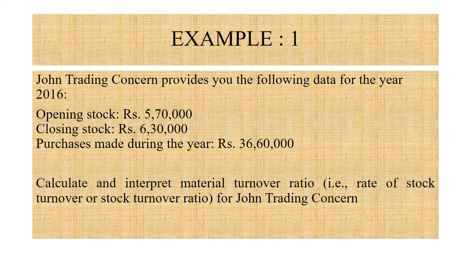Here we are supposed to calculate the material turnover ratio, and we know the formula for material turnover ratio, that is cost of material consumed divided by average stock. The question is very direct. We'll find out how to calculate this material turnover ratio.